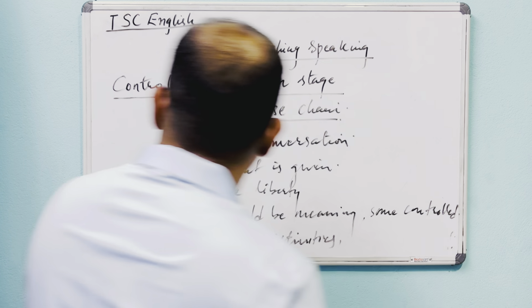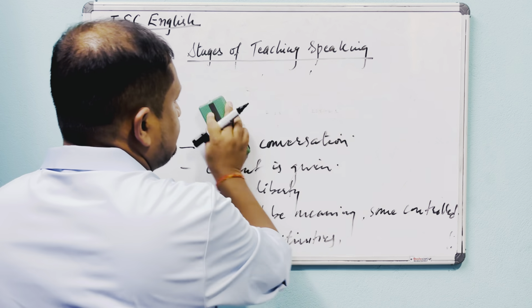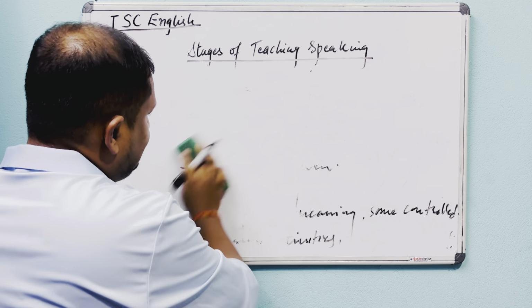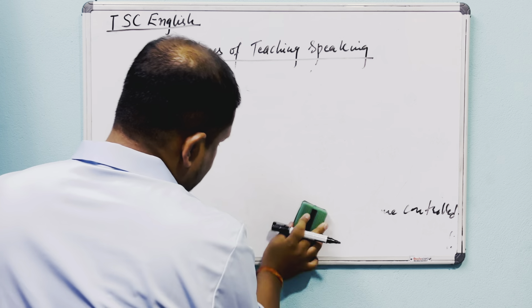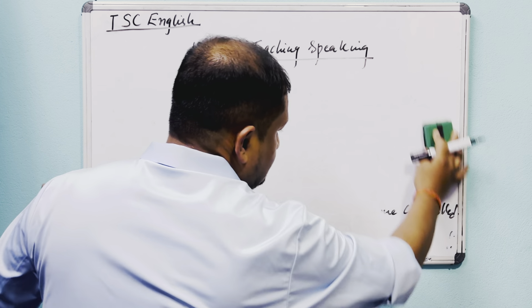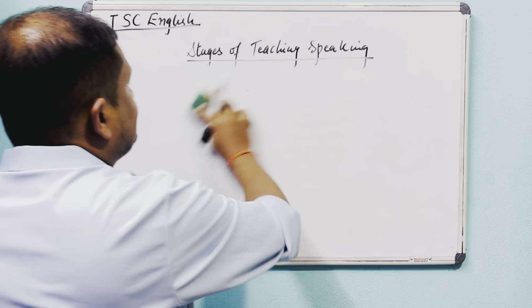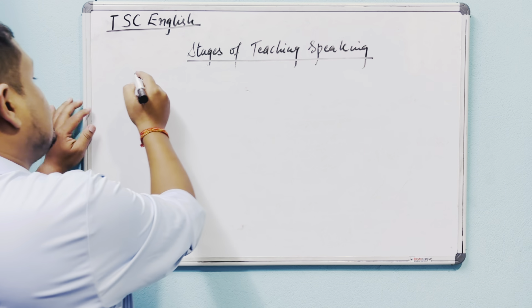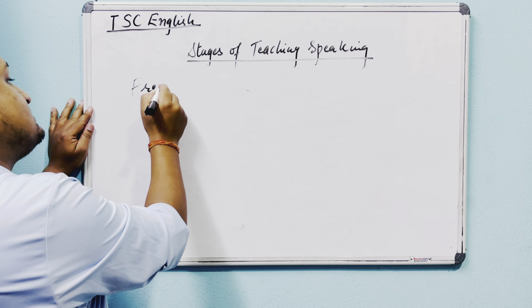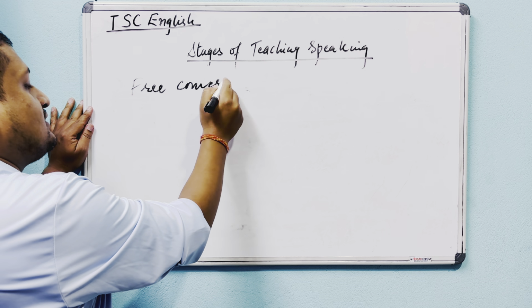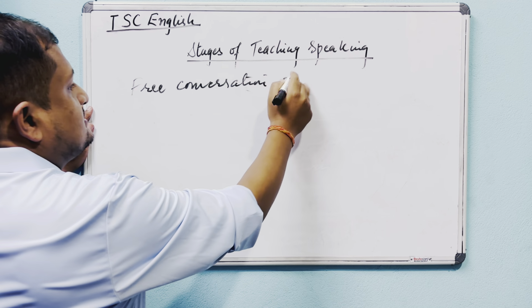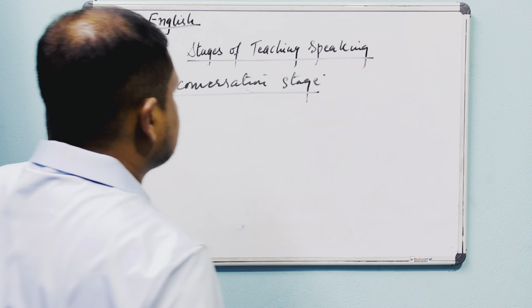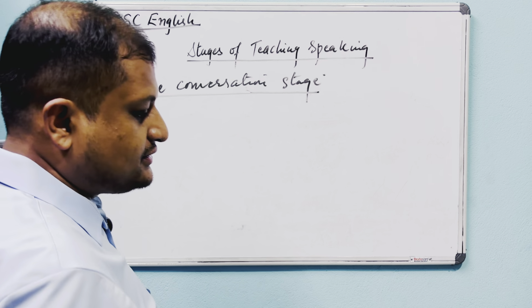So now the final stage, at last, comes independence. Whatever we do, at last we get independence as a reward. And independence brings responsibility. Free conversation stays. So this is the last stage of teaching speaking to the learners.